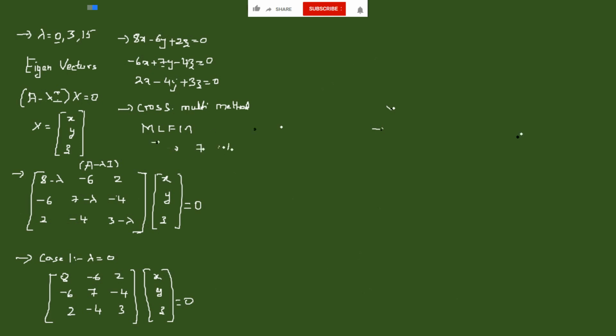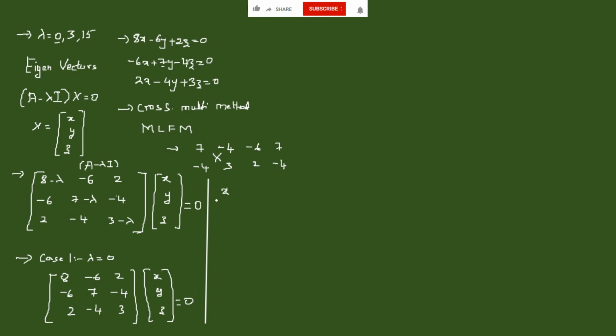Last term minus 4, first term minus 6 and middle term 7. Go to the second equation: this one is minus 4, this is 3, this is 2, this is minus 4. Now we'll be cross multiplying these two, as in the cross multiplication method.